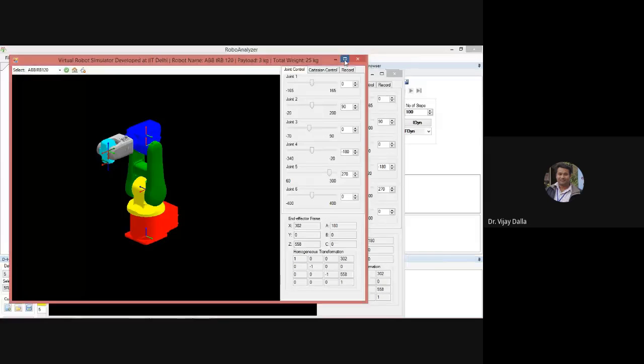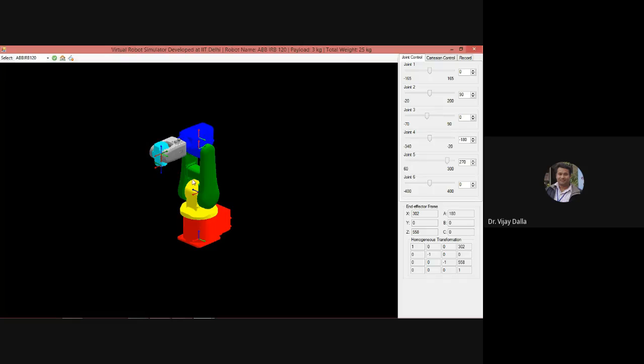Now suppose we want to jog the joints, means rotating the joints individually. Suppose joint 1, I am putting values from 20, and accordingly the DH homogeneous transformation matrix will be changing.